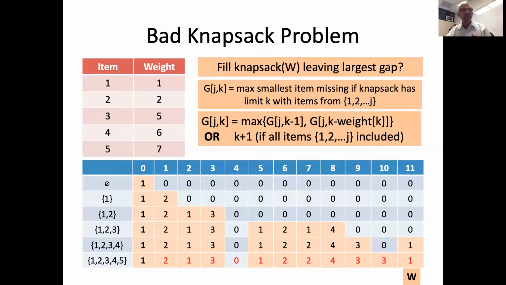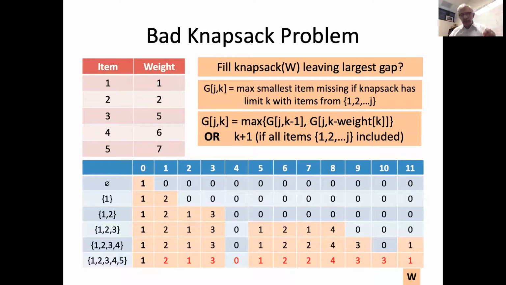That says I can achieve this number, but I'd be missing this as my smallest possible item. Great. I may decide I don't like that if I can do better by looking at some other item where it's missing a larger item. So I'm going to look at J minus 1, but K minus weight K, which is what I did earlier, right? And that'll give me one answer.